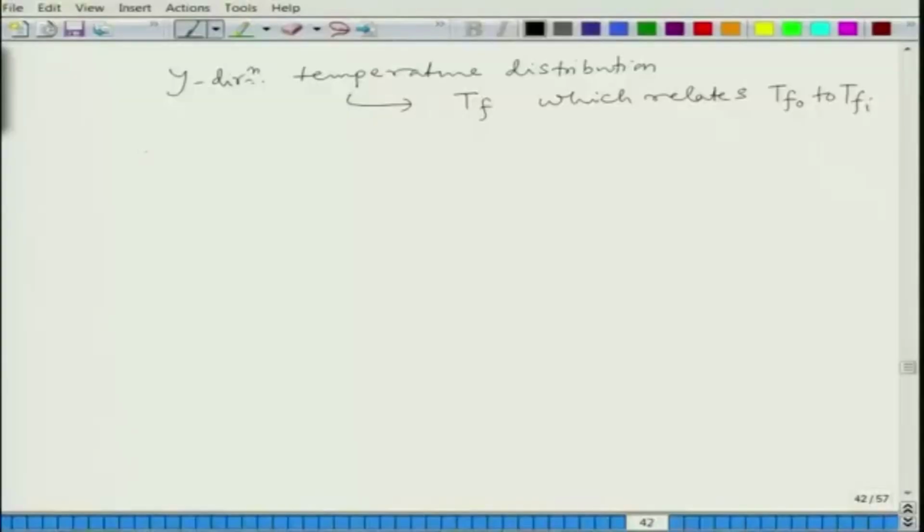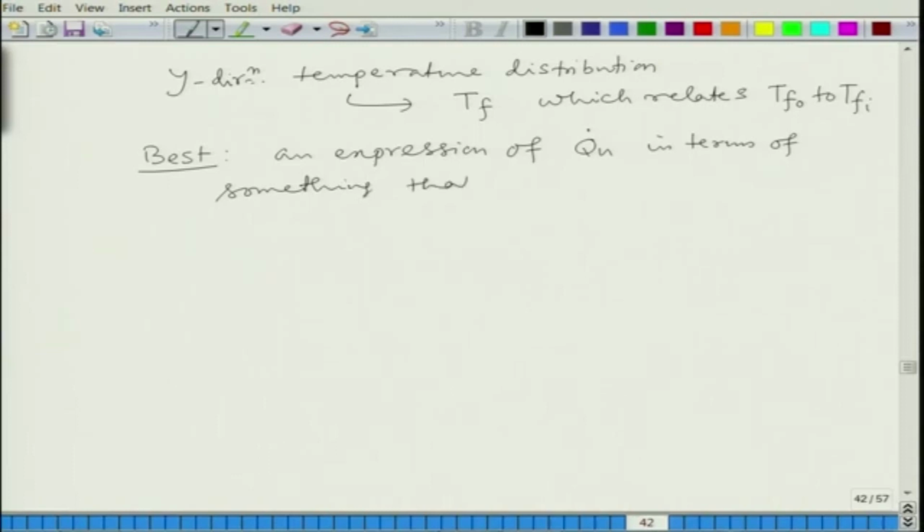But the best thing we can think of is an expression of the rate of useful heat gain Qu dot in terms of something that is directly measurable.